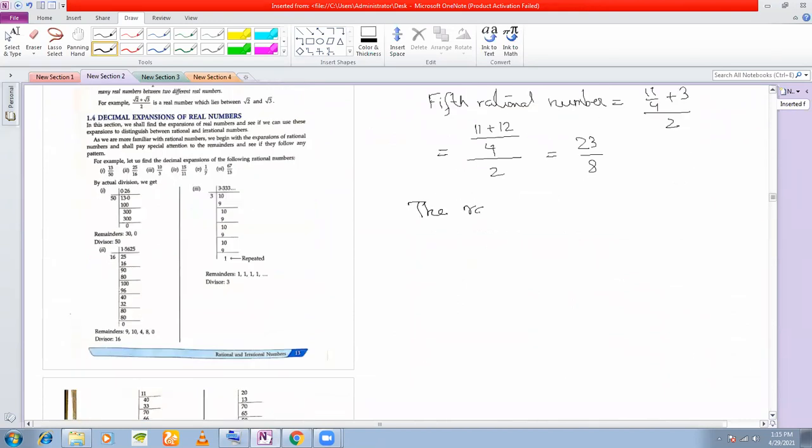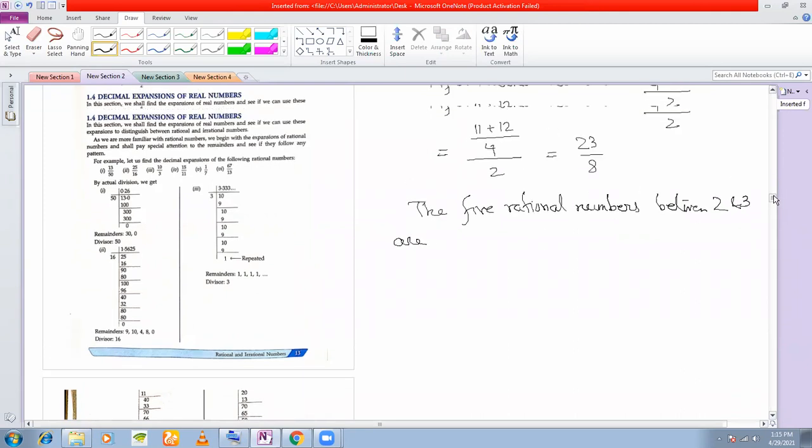The 5 rational numbers between 2 and 3 are, what are the numbers?